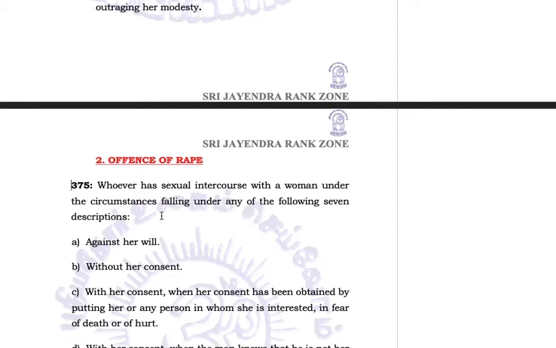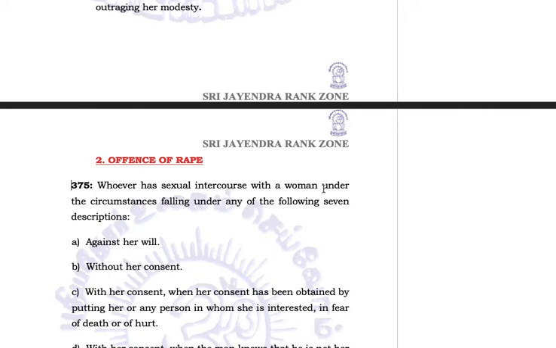If someone is having sexual intercourse with a woman, that means there can be no rape of a man, it can only be rape against a woman. A man cannot be raped.